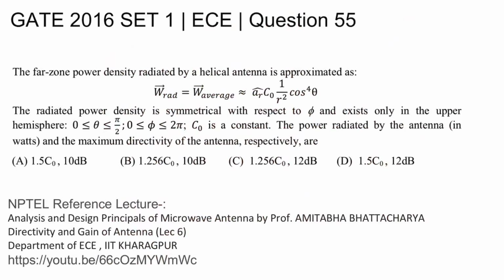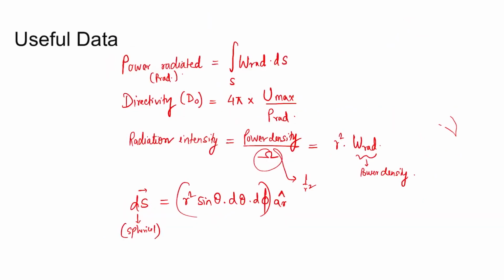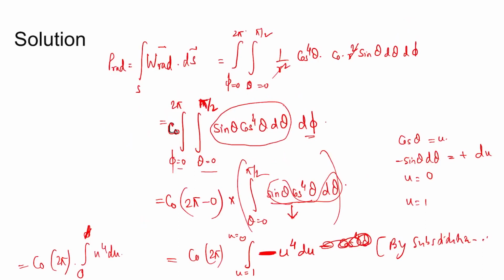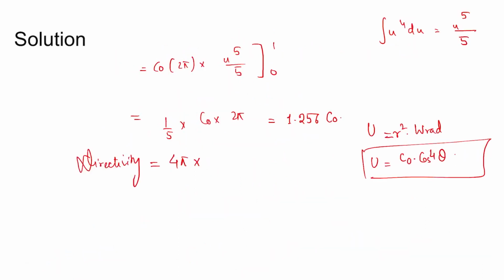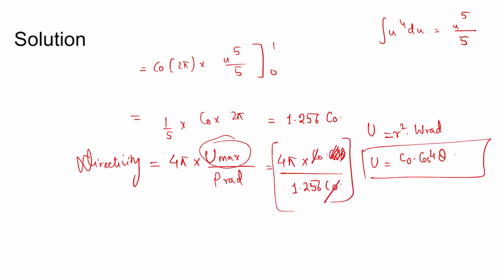So C0 cos to the power 4 theta is the radiation intensity, divided by the power radiated. The maximum of cosine is 1, so just take 1. So C0 gets cancelled, and we have 4 pi by 1.256.